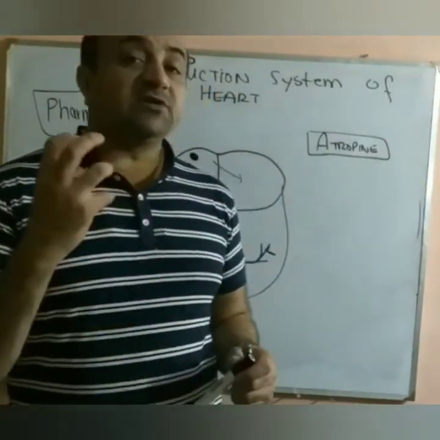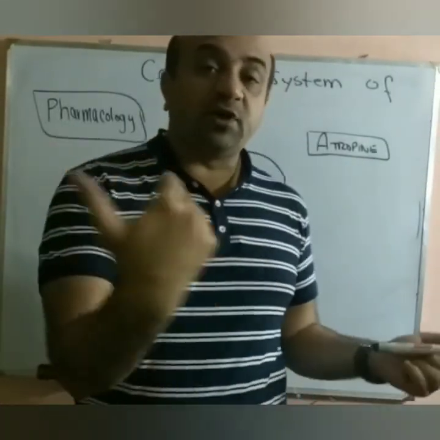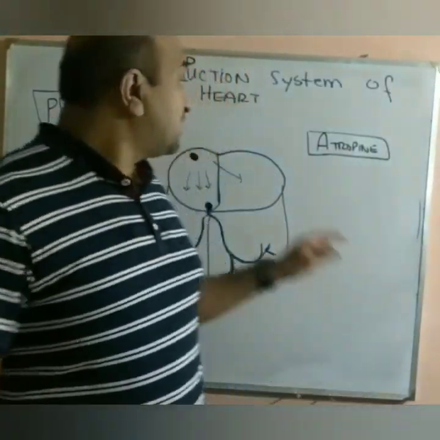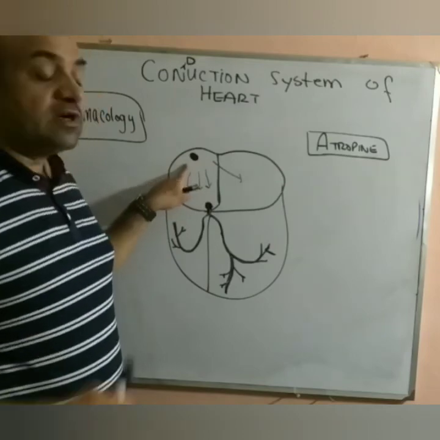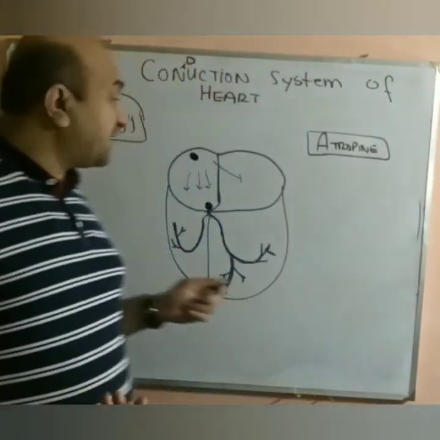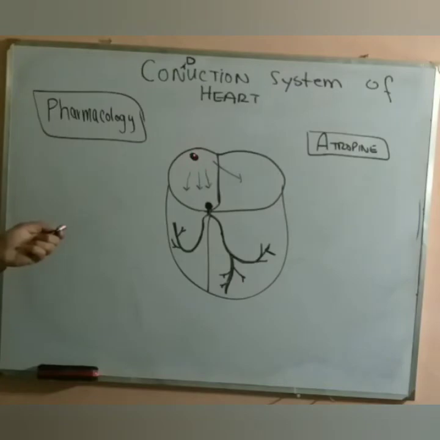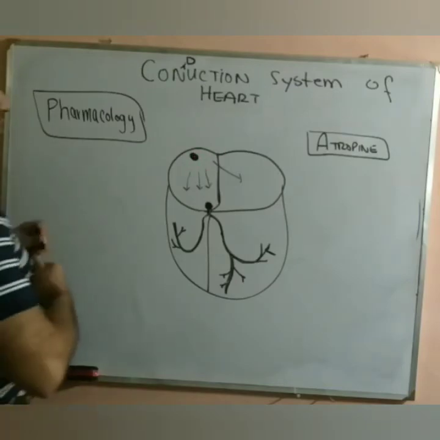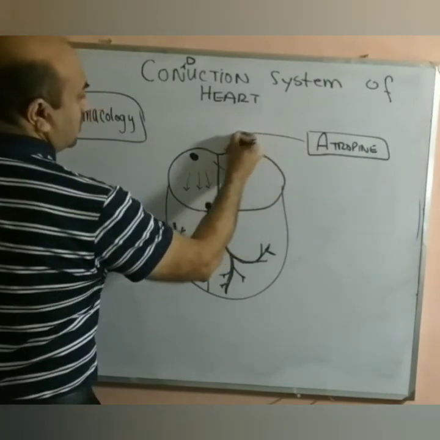It causes the vagus nerve to stop affecting the SA node. Then the SA node actually over fires under the effect of sympathetic control. So atropine is one such drug which acts on the SA node.